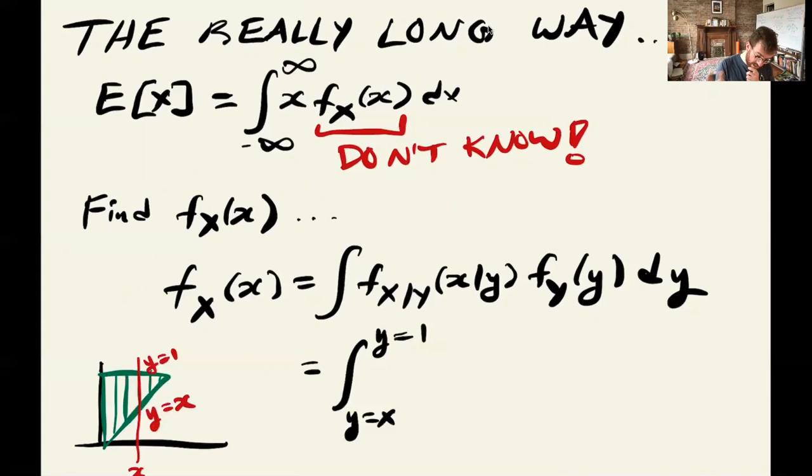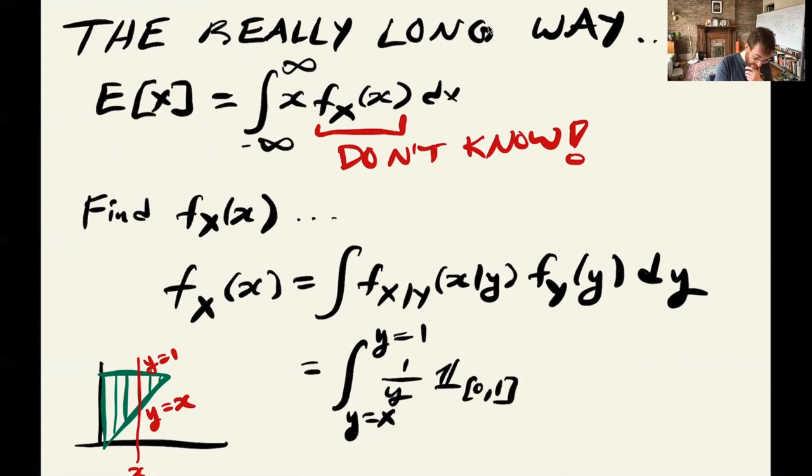And I've got this conditional PDF, which looks like 1 over y. And then I have to multiply it by whatever that indicator function is, 0 to 1 for y.